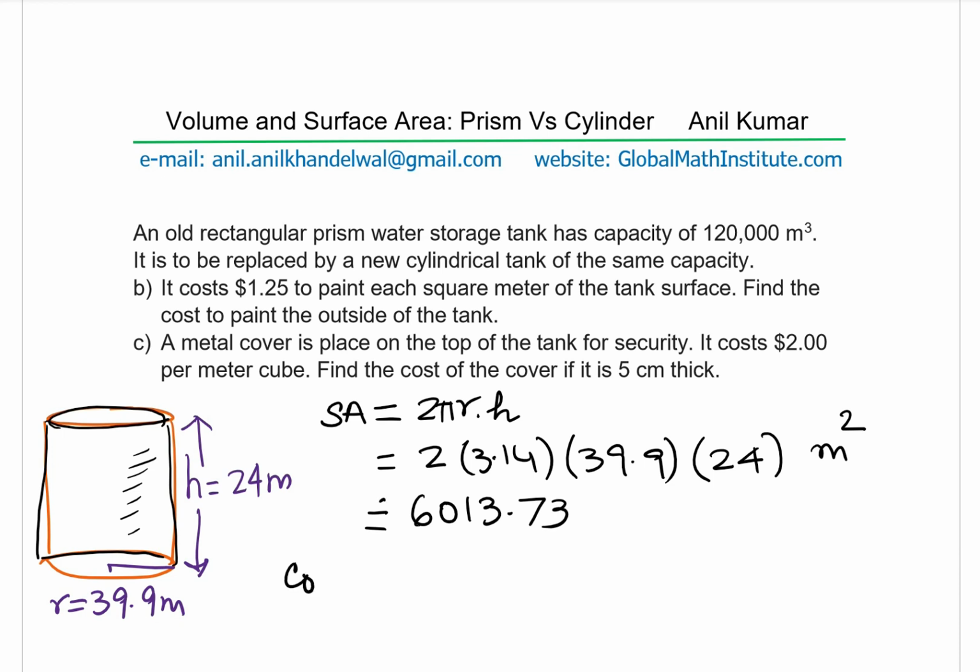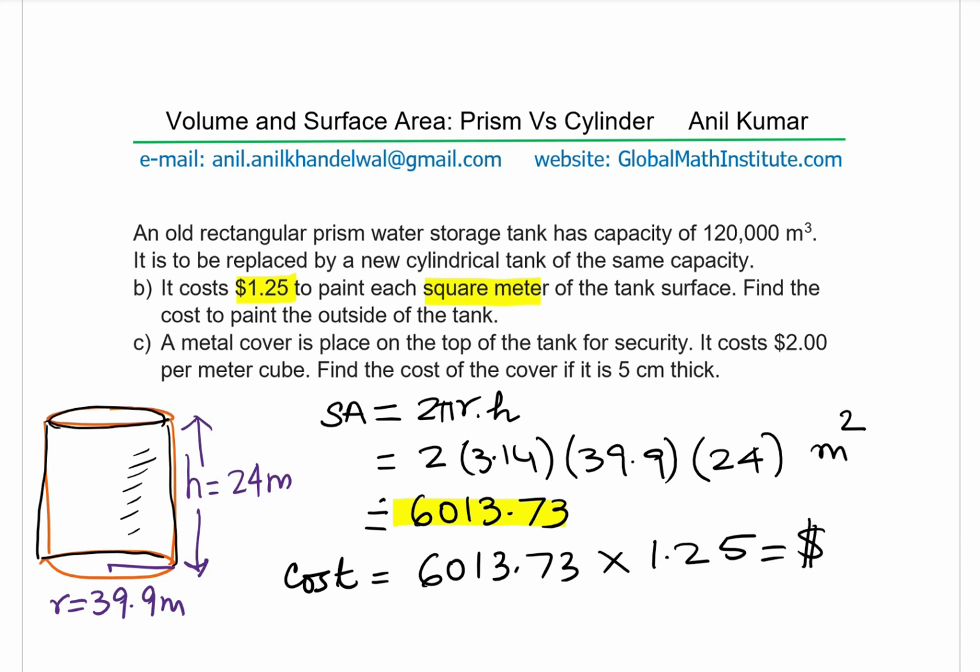Now what is the cost? Cost is given to us as a rate of 1.25 per meter square. So we'll multiply the surface area with the rate. So we get cost as 6013.73 times 1.25, and that gives you the value in dollars.